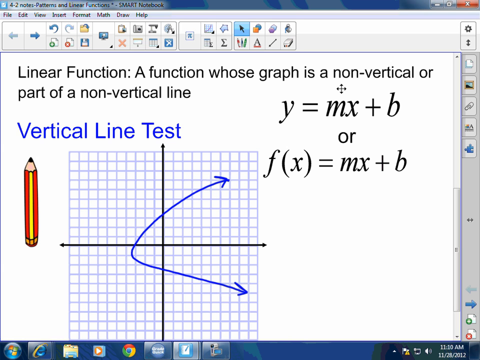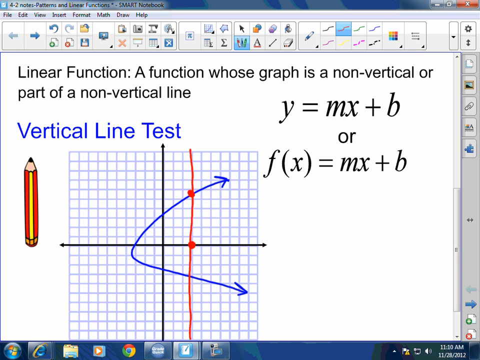The vertical line test allows you to determine if a graph is a function by simply drawing a vertical line, literally. If I take the vertical line here at this value of x, which is 3, if I draw a vertical line, how many different y values does it hit? 2.